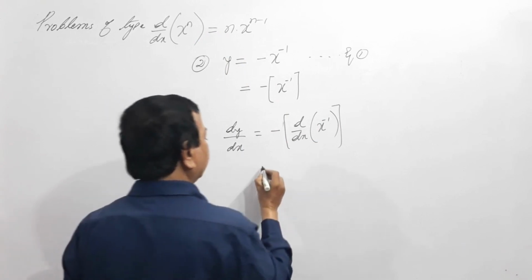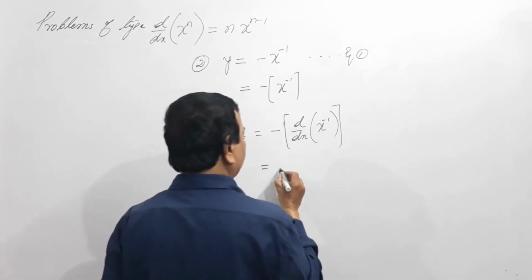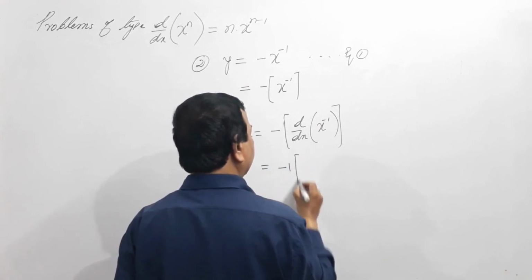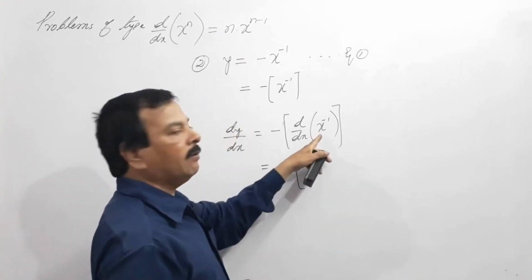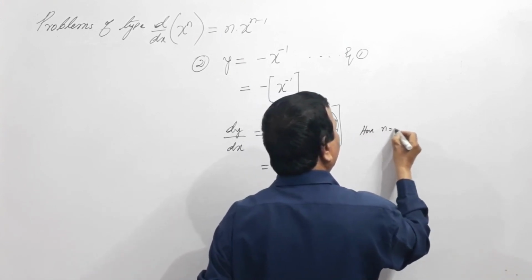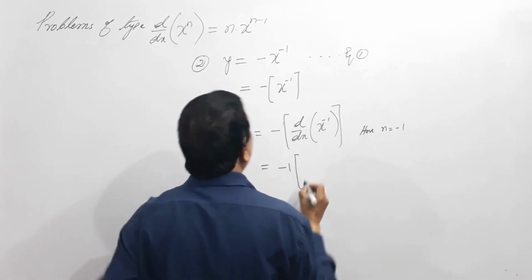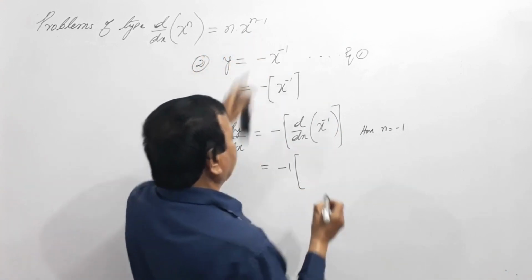So what I will do this is equals to, now I will actually differentiate this. So minus 1 I will take as it is. So x to the power of minus 1, here n equals minus 1. So that is n into x to the power of n minus 1.